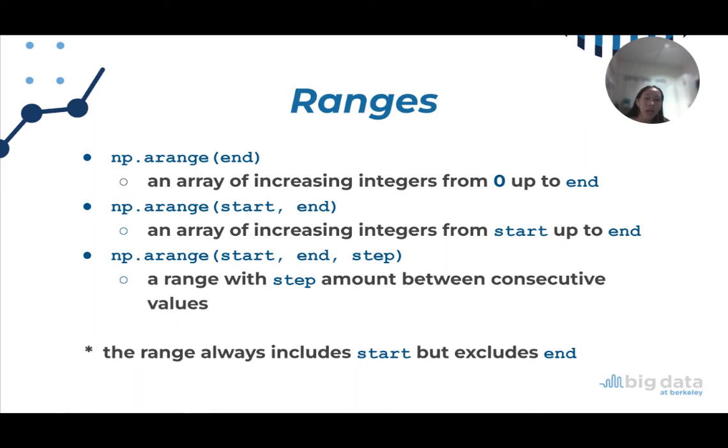So if you did np.arange(2, 5), it would assume that your step is also 1, so your resulting array would be 2, 3, and 4. It's important to note that the end value is usually not included if it's equal. So how it compares is if the value generated in your step is less than the end value, then it will be included in the array.